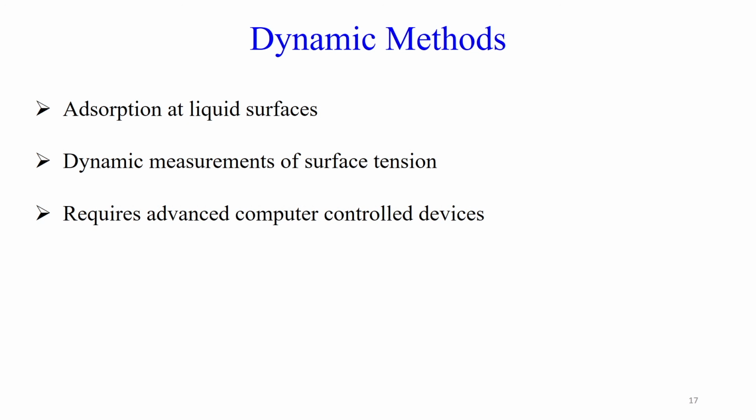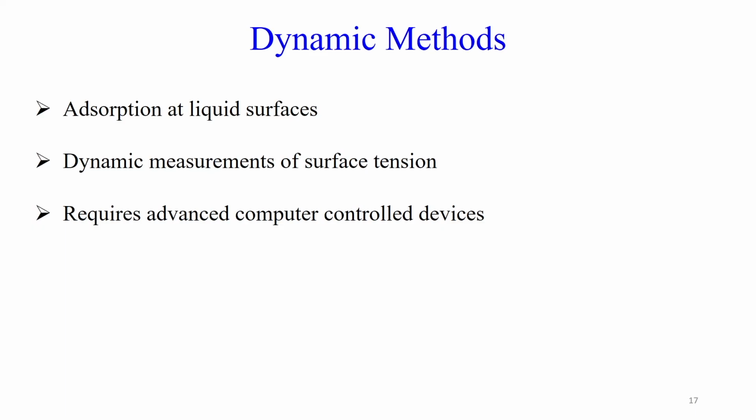In dynamic methods, typically if a liquid is coming to the interface, there will be adsorption at the interface, and if there is adsorption, we should be able to see some sort of change, or some sort of deformation at the interface, and a particular shape will be formed at the interface because of the surface tension.